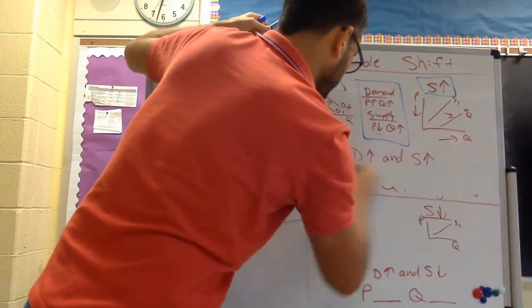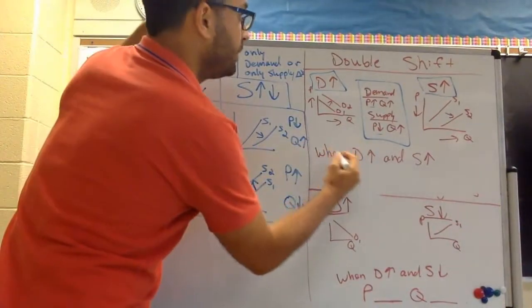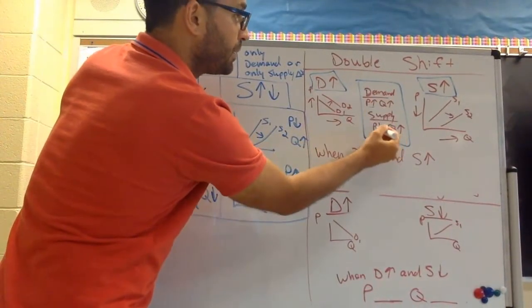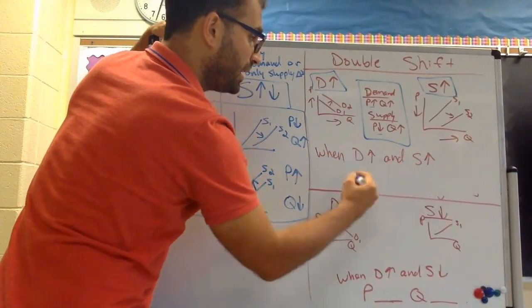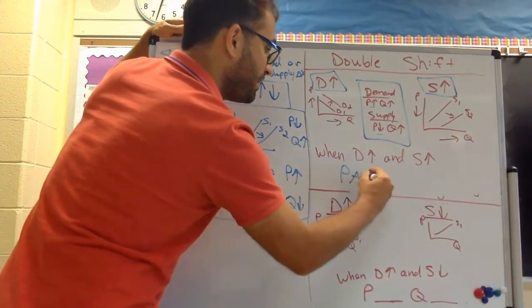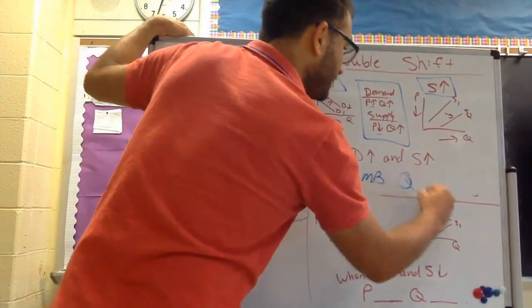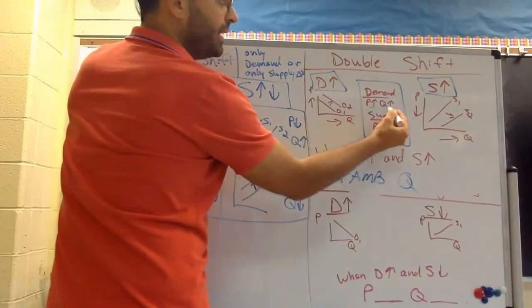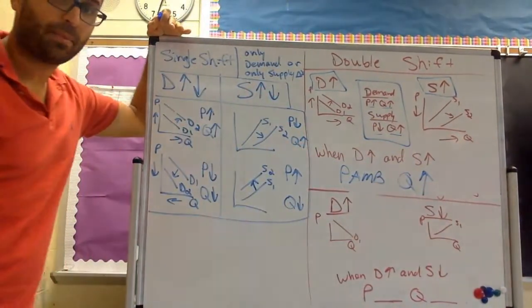I actually did it wrong, so I'm going to write the correct answer. P goes up, P goes down. So when demand increases and supply increases, price is ambiguous, AMB. Meanwhile, quantity went up and it went up, so quantity is always going to go up.